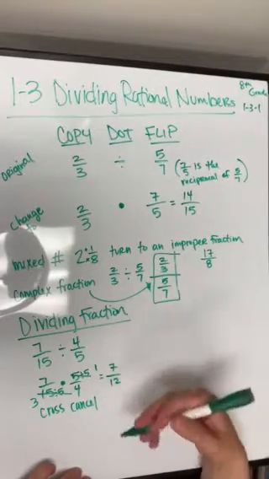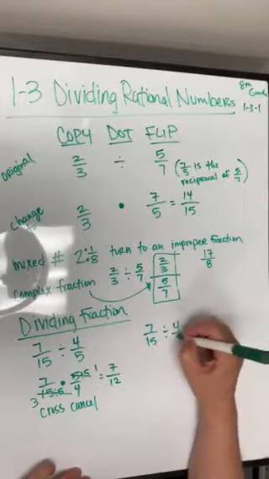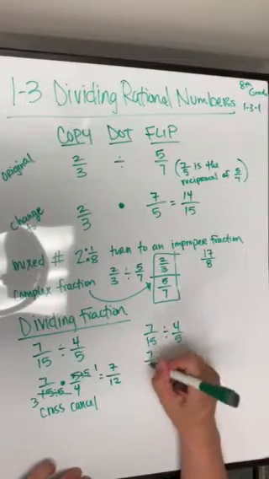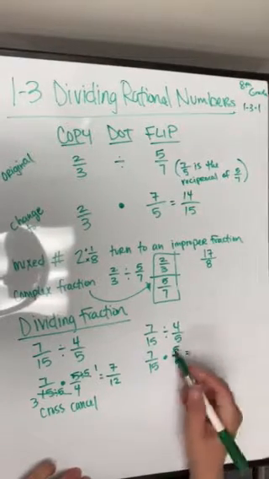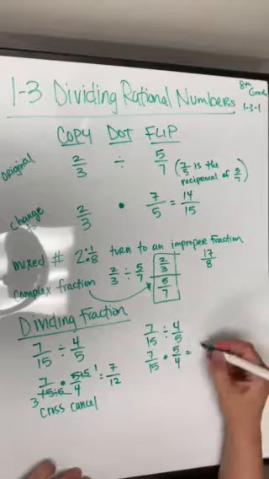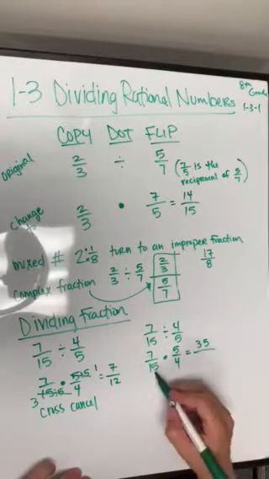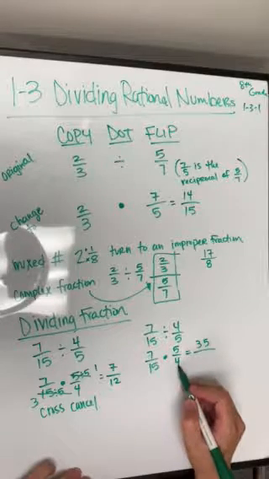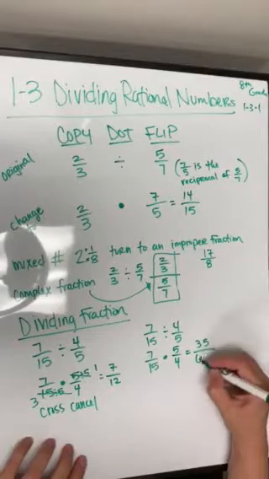If I don't do it this way, if I want to take my original and copy, dot, flip it, and then multiply, so 7 times 5 is 35. 15 times 4 is 15, 30, 45, 60.